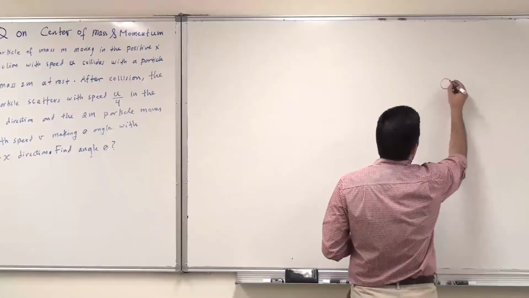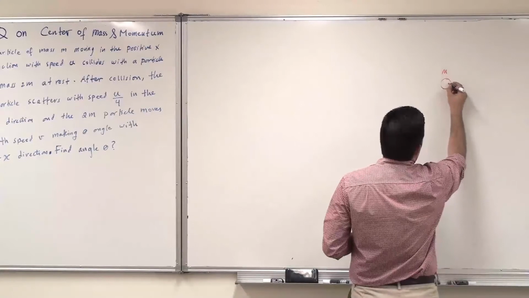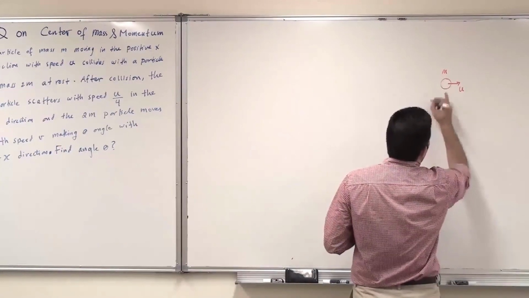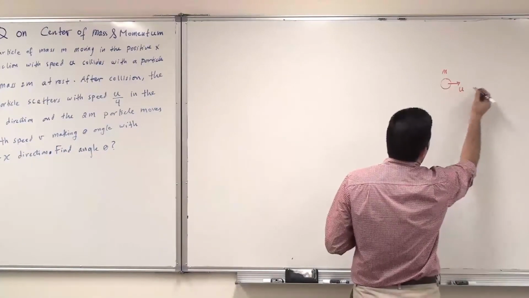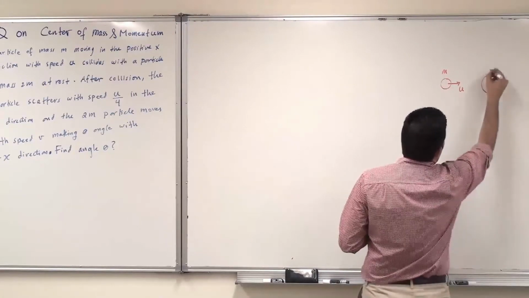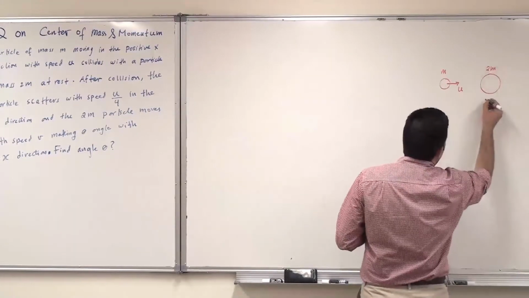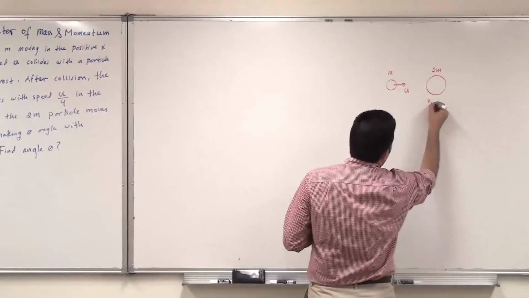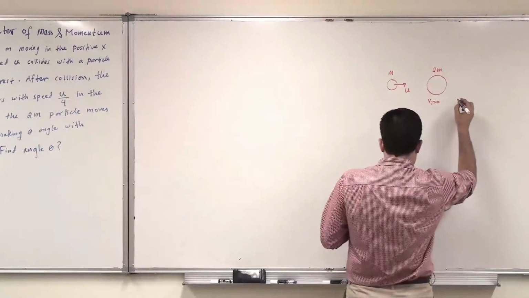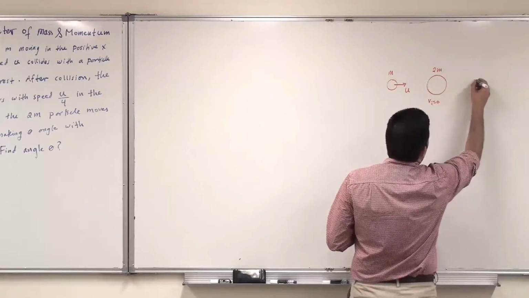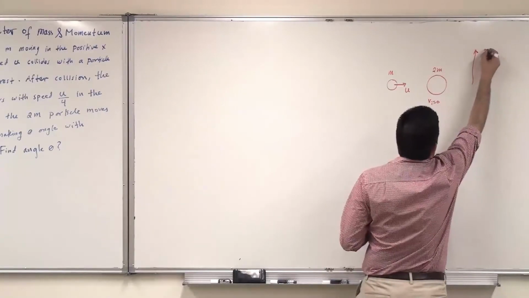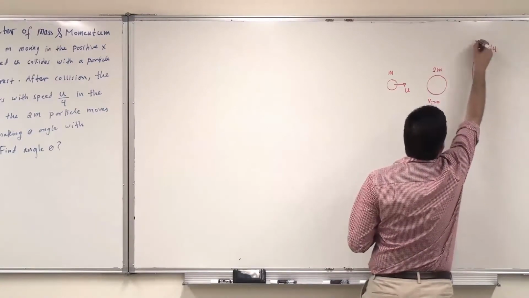So initially we have this particle of mass m moving with a speed u, or velocity u, to the positive x direction as stated in the question. And it will collide with a bigger mass of mass 2m, and it is at rest, so its initial velocity equals 0. And after the collision, the smaller mass will be moving in this direction with u over 4 velocity.